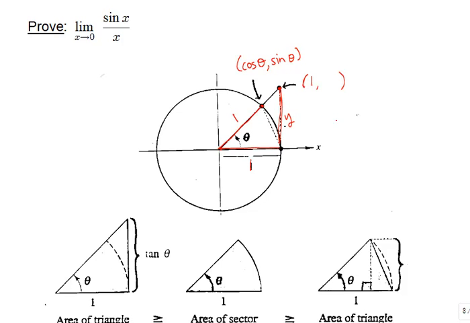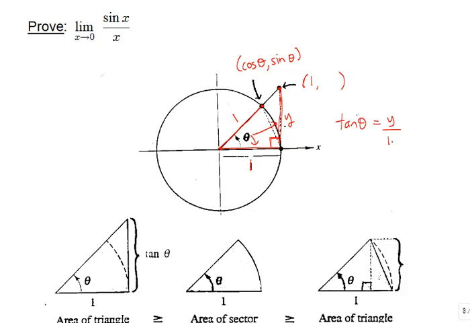And what I want you to notice is we can use a little trigonometry here for this right triangle. This is a right angle right here. And according to our trigonometric functions, tangent of theta, so tangent of this angle, is opposite over adjacent. And the opposite side is our y, and the adjacent side is this 1 down here.